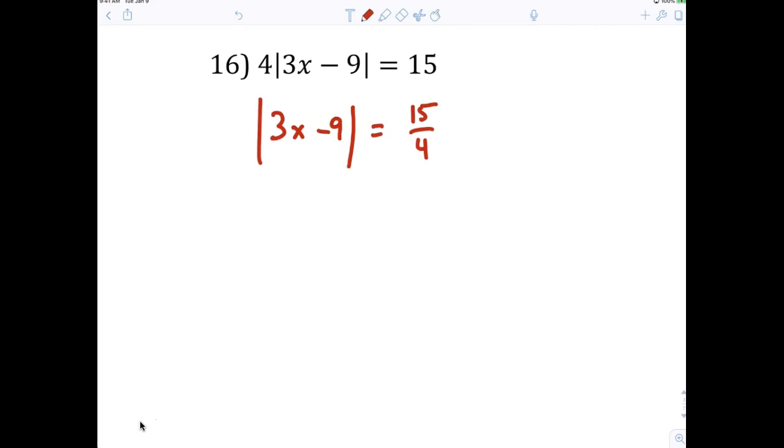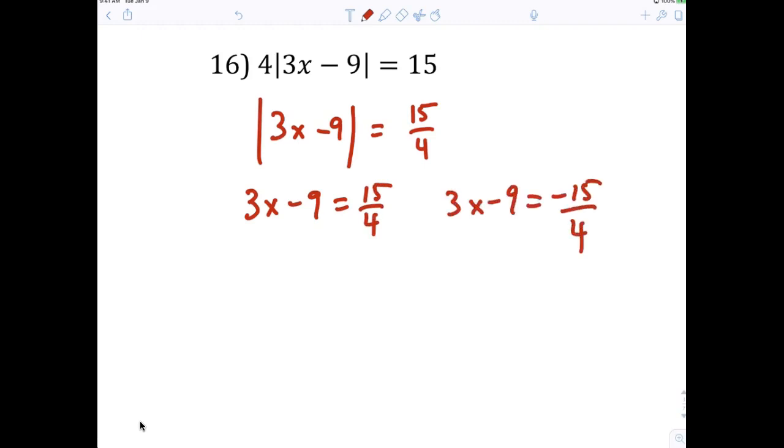Not yet. I haven't written the two equations yet. So I'm going to do 3x minus 9 equals 15 over 4. Good. 3x minus 9 equals negative 15 over 4. Beautiful. Now I'm going to do what? You'd add 9.